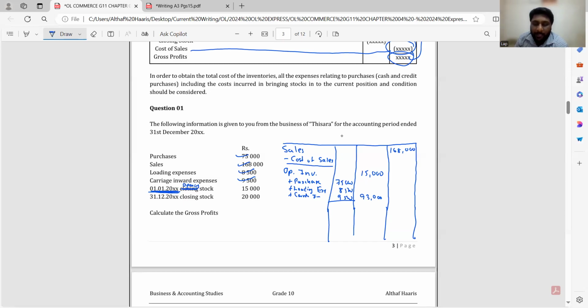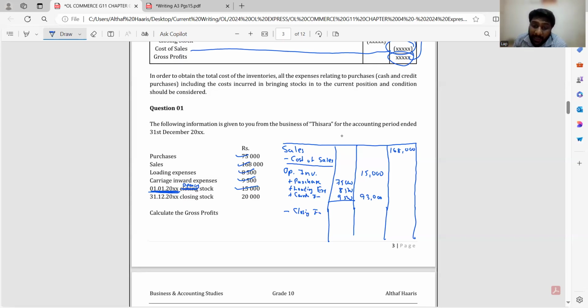Okay. So from this, deduct the closing inventory. Then people, you see, you had 15,000 worth of goods when you are starting. You are having another 93,000 worth of goods during the period. Now with regard to the goods, your total value is 108,000.